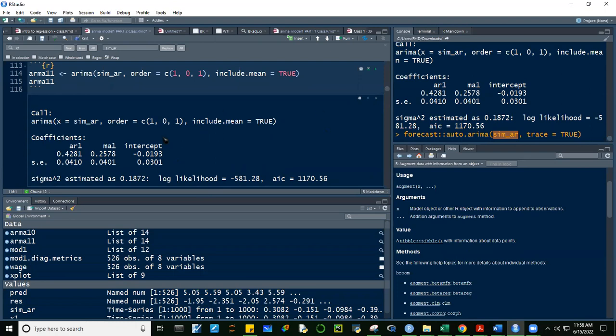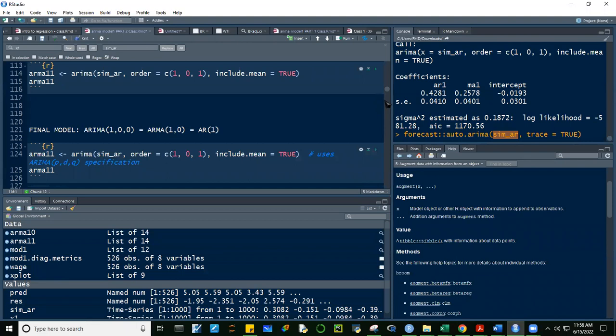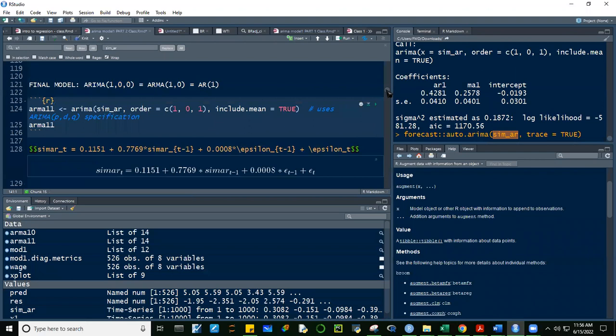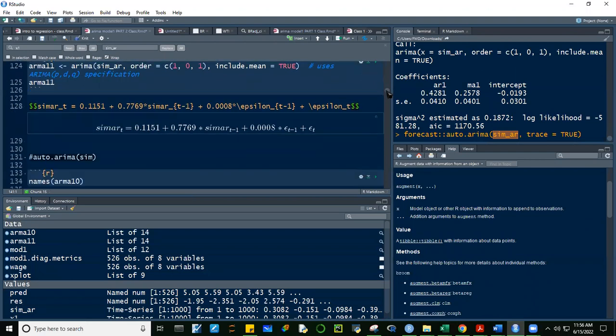But we know guys na mali ito, no? Kasi generate natin yung SIMR using a 2-2 process, no? So tapos i-check natin. We have to check the residuals, no? Hindi pa pwede guys na ganun na lang 'yon, no? So Control C, i-plot natin yung residuals niya.